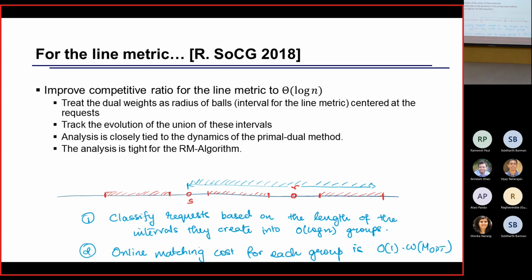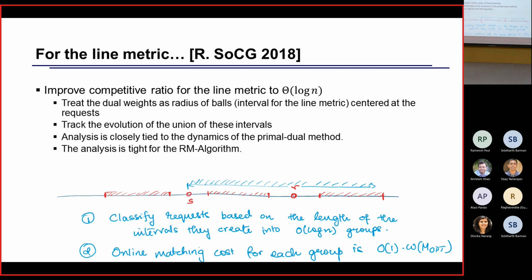If we do that in 1D, thankfully, a ball is simply an interval, right? So now we keep track of the union of these intervals. Okay? And when a new request arrives, the primal-dual algorithm will conduct some sort of Dijkstra search and adjust the dual weights as it computes this Dijkstra search.